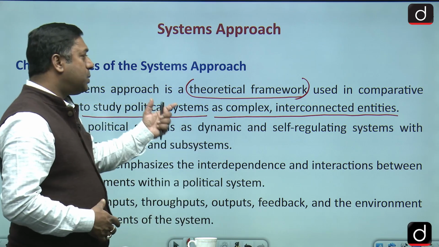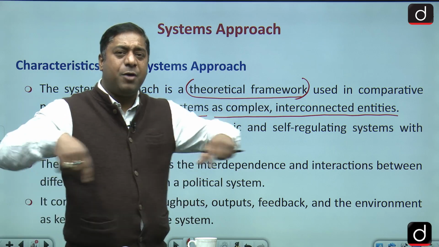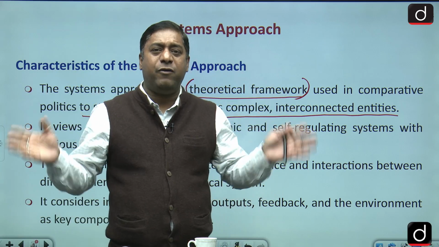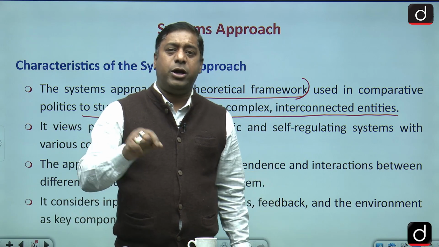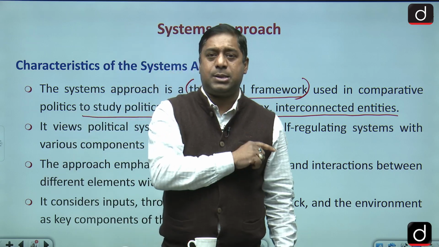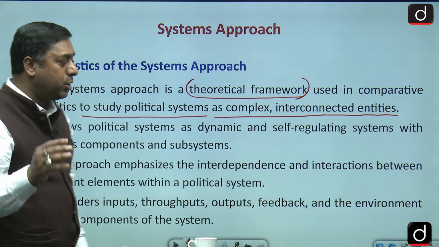That means it's basically a theoretical framework. A framework has been built for the systems approach, and this is a theoretical framework. And this framework is very complex, but it's interconnected. That's what it's trying to say.